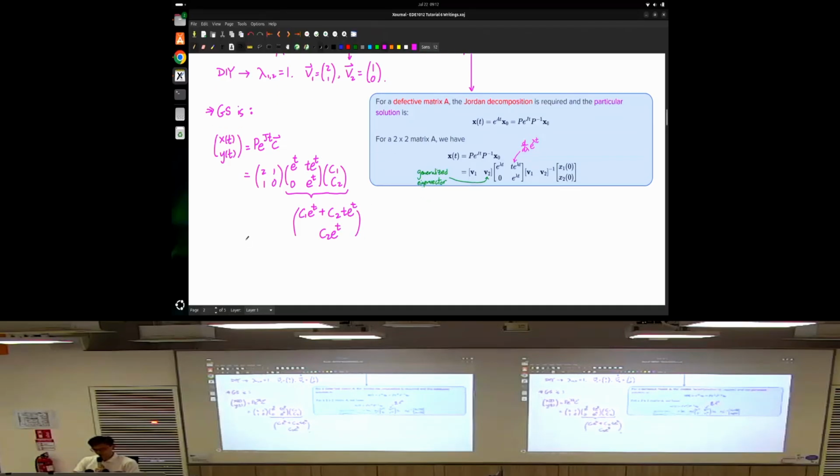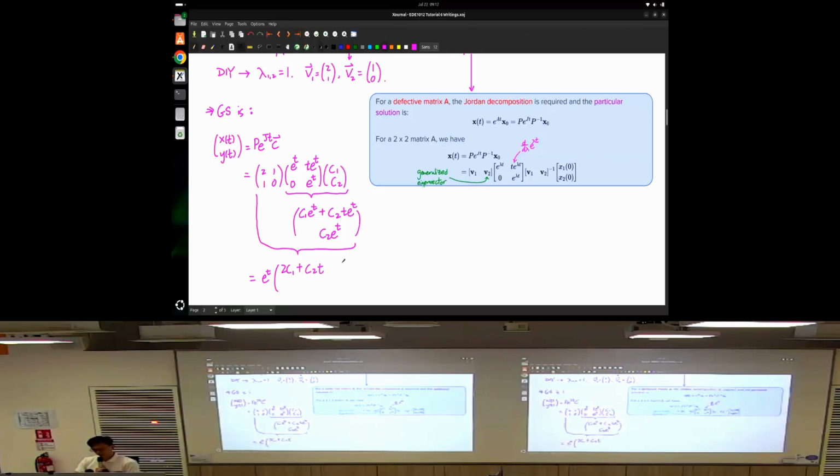So that's your multiplication. Then if you multiply by the first matrix, clearly you're going to get this guy plus this guy. Let me factorize out e to the t because you have e to the t in all terms. So this will give you 2 times C1, plus C2 t.